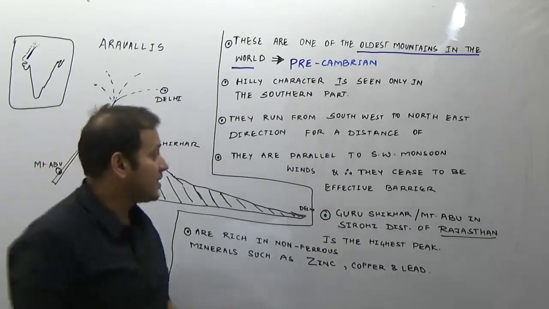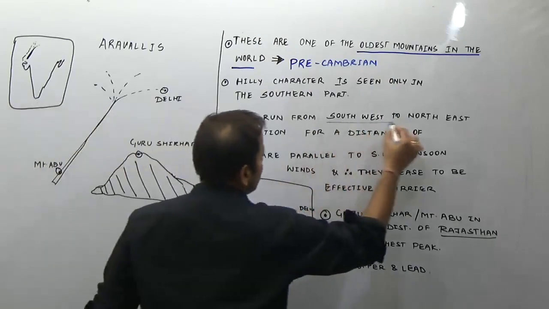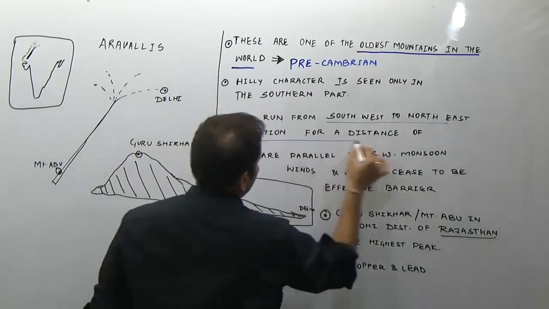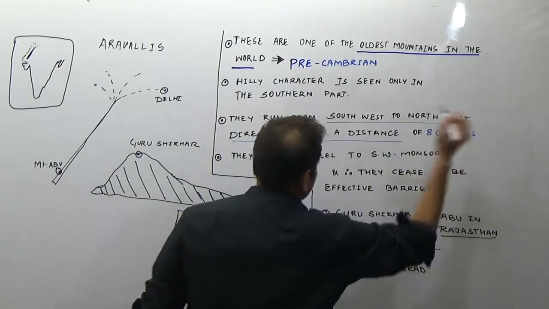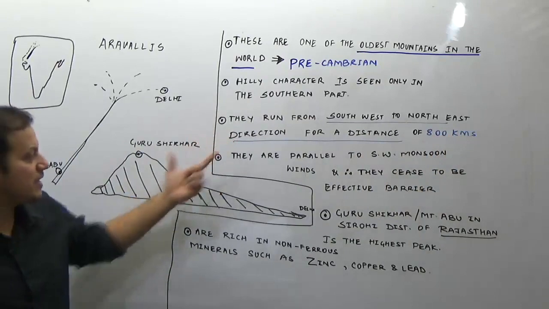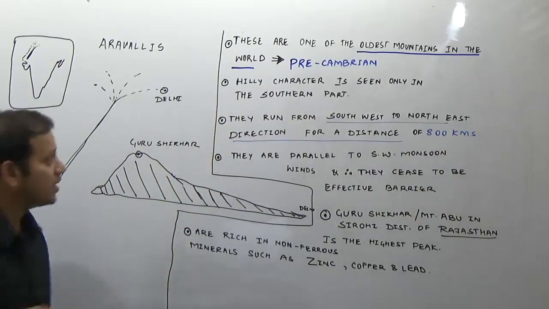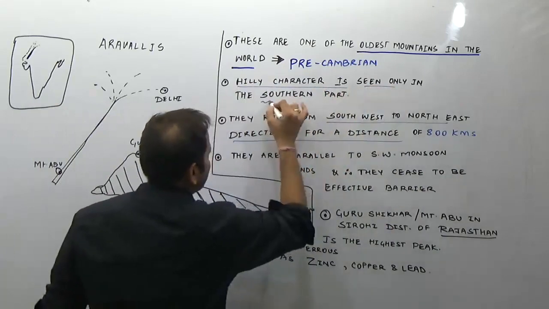Now let's come to the third point. They run from southwest to northeast direction for a distance of around 800 kilometers. But the hilly character of these mountains is seen only in the southern part.